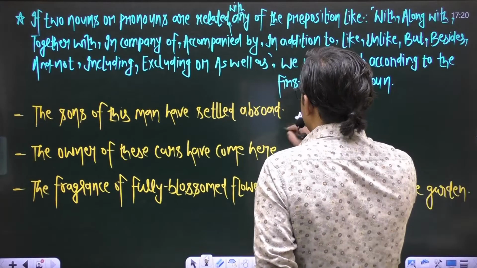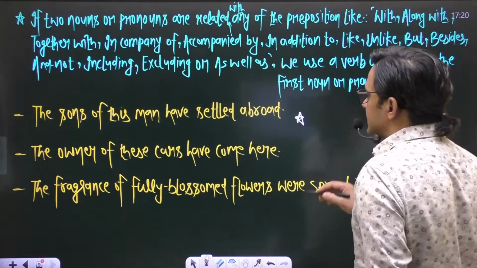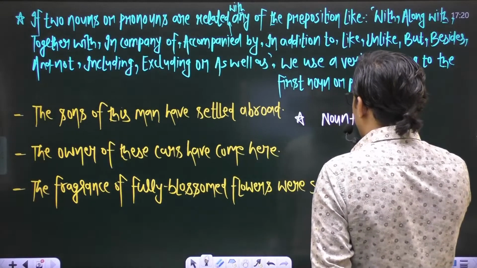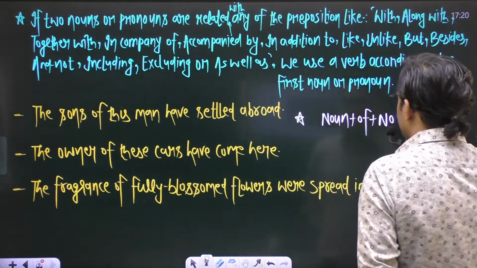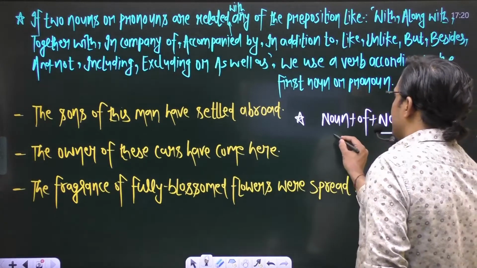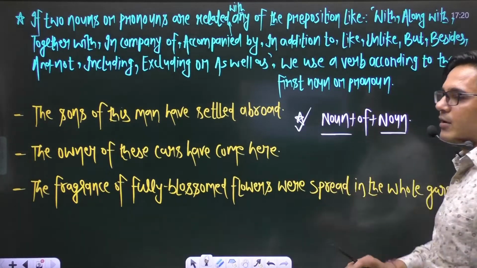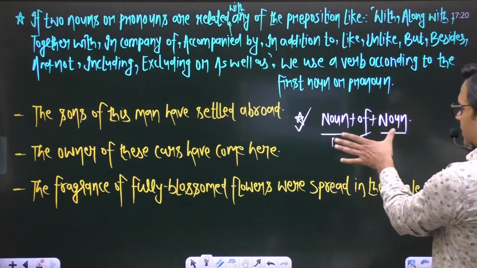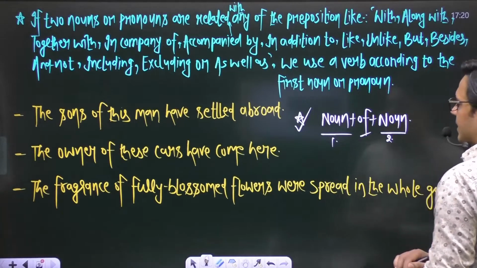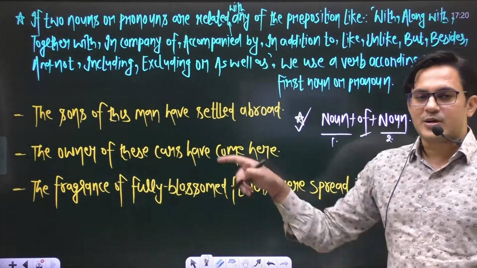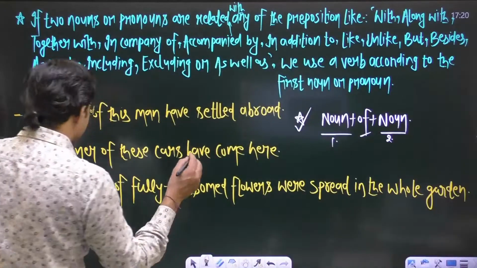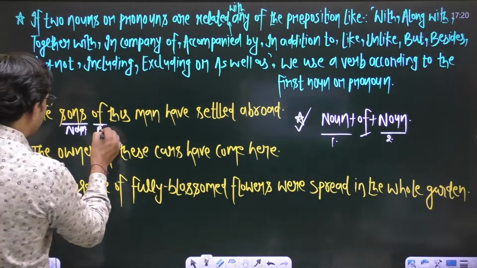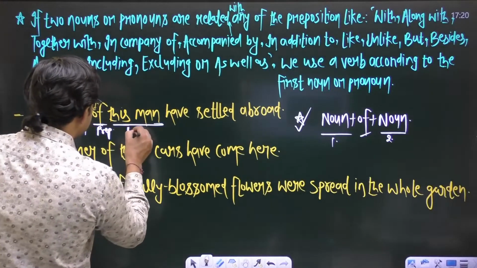We use very much a construction or structure, that is noun plus of plus noun construction, right? This is a very popular construction in entire English. This one is the first noun, this one is a preposition to show the relation between both the nouns, and this one is the second noun. Whenever you find this construction, like in all these three sentences, the word sons is a noun, of is a preposition, and this man is the second noun, right?